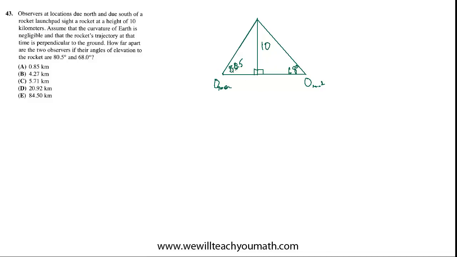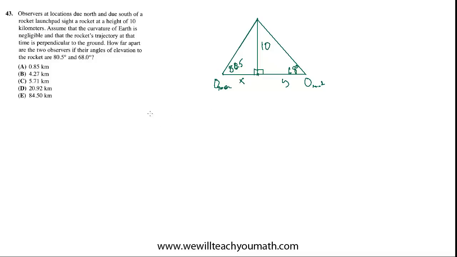So we can use the tangent for each one of these individual triangles to find how far they are from some point that's directly below the rocket's present location, right? The point where it was presumably launched from. So let's call the distance between the south observer and that point x, and the north observer and the same point y, and then if we can find x and y, we can just add them together, and that'll tell us the distance between the two observers.